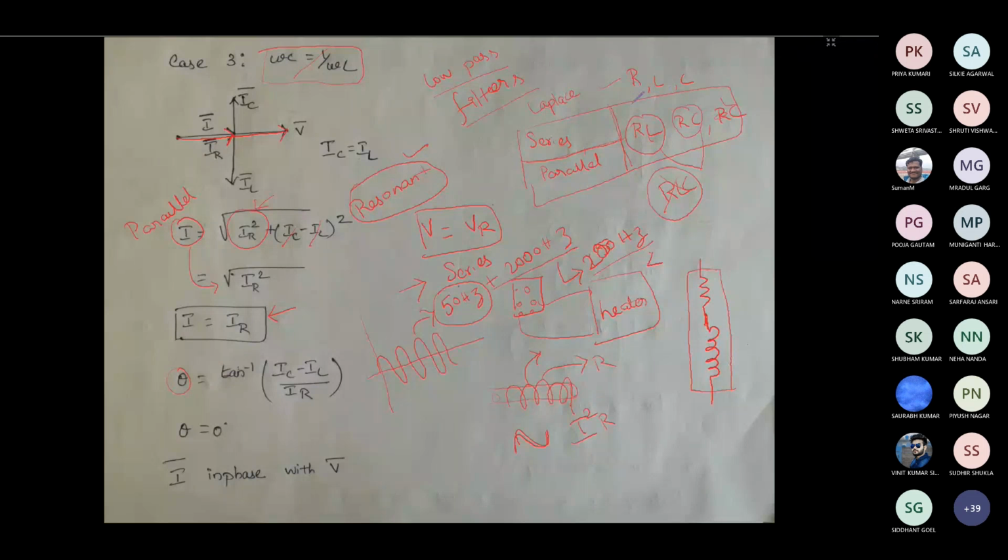Mostly you will be using RL. Any type of load you consider, you can mostly represent as RL. And in all electronic boards, there will always be a resistor, an inductor, and a capacitor.